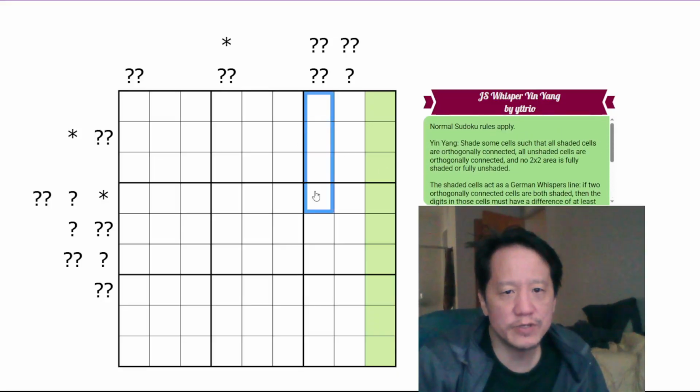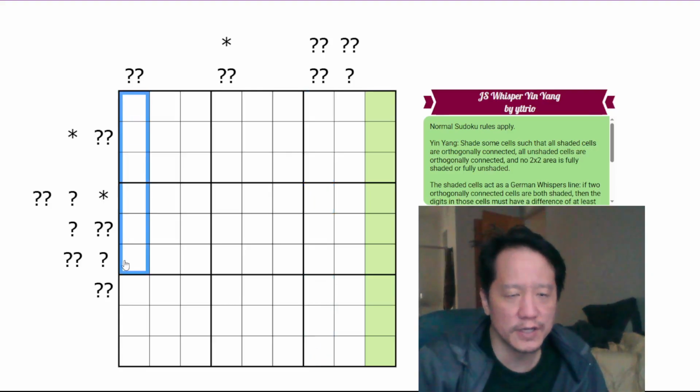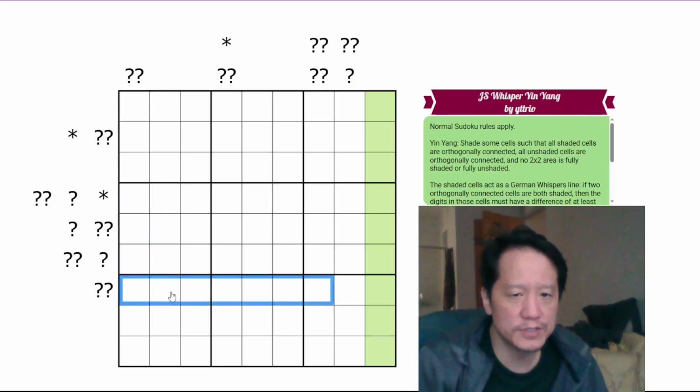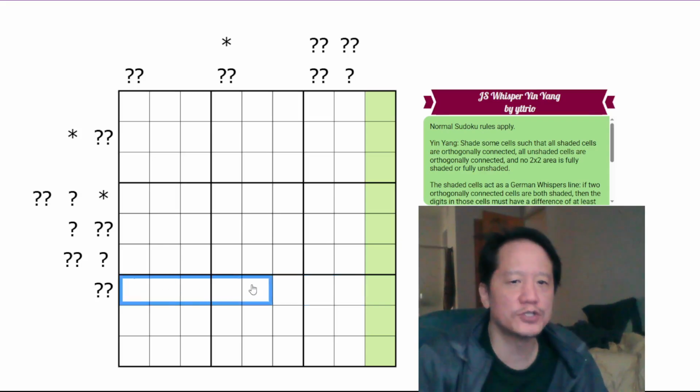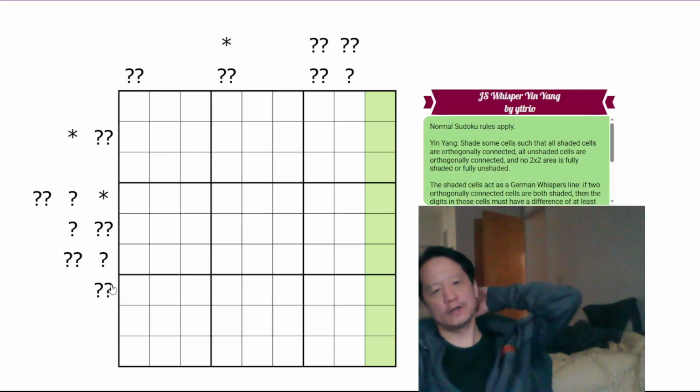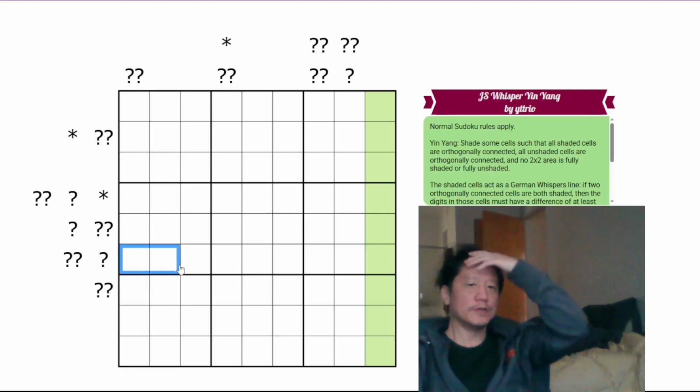We don't know about the shadings here. So this must be 2 sets. This is 1 set of shading, this is 1 set of shading 2. So once it starts shading, it has to continue shading. This has 2 digits.